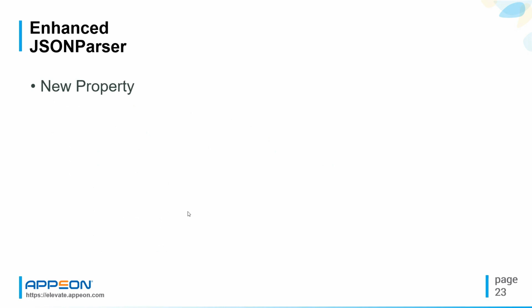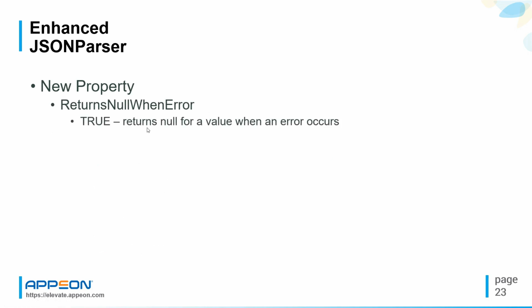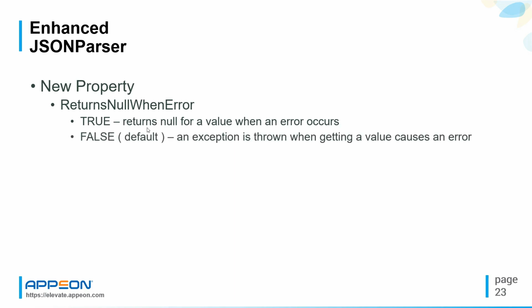Okay. The JSON parser has a new property to return null when error. What would happen originally, and this is the default still, is that if there was an error, you would get an exception. So if you'd say, go give me this key, and the key wasn't there, you'd get an exception.